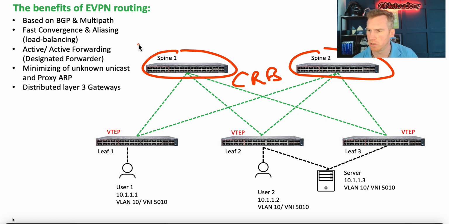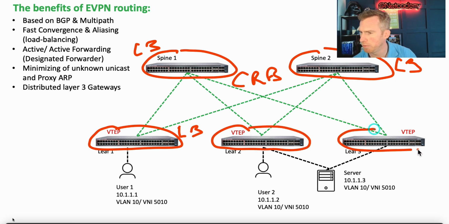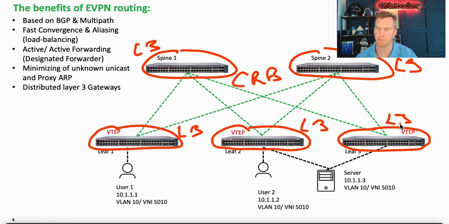So that's where you've got your layer 3 gateway up on the spines, or if it's in the enterprise network, up in this case in the collapsed core, that distribution core layer. But you can also have the layer 3 at the leaf devices here. So on leaf 1, leaf 2, leaf 3, you can have that layer 3 gateway at the leaf devices, or if it's the enterprise network, down on the access devices themselves, depending on your architecture.